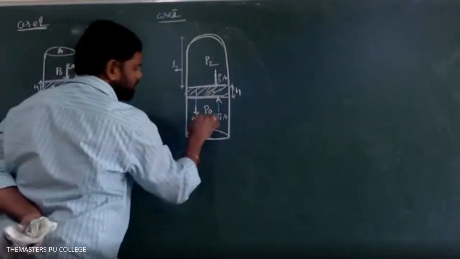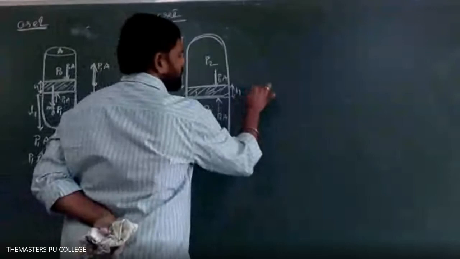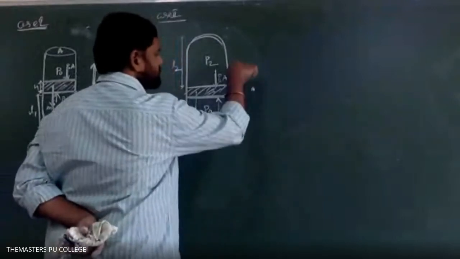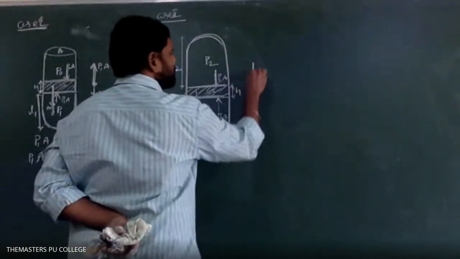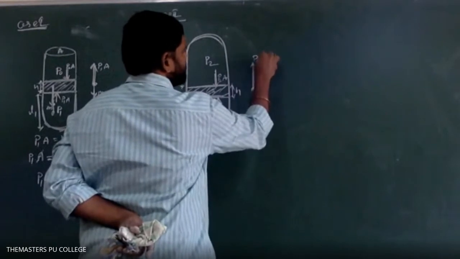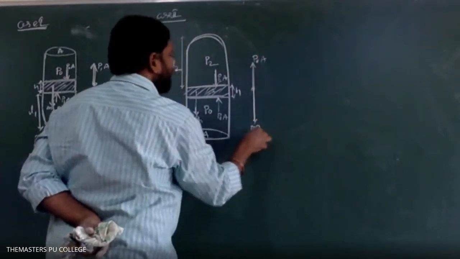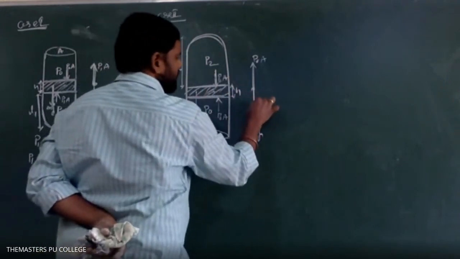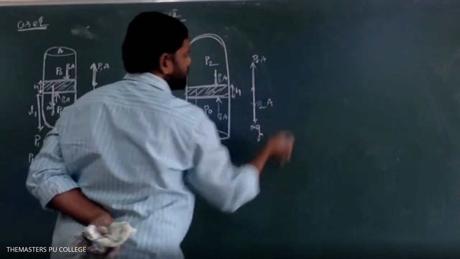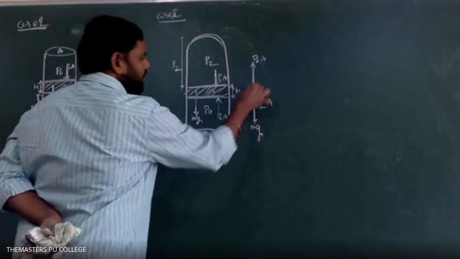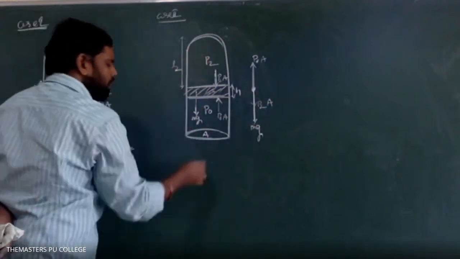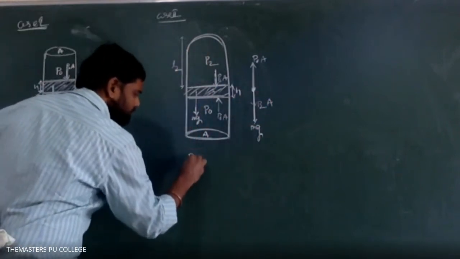Again, if you draw the free body diagram, the upward force is nothing but P0 into A. The downward force is mg, and in addition to that, P2A is also acting downward. So when in equilibrium, equating all the forces, what can I write?